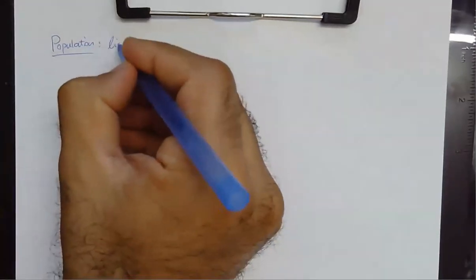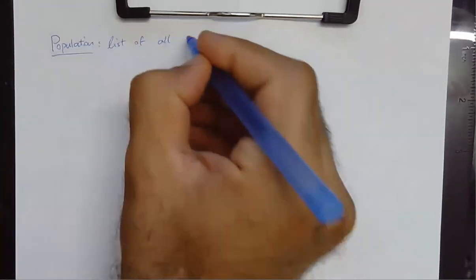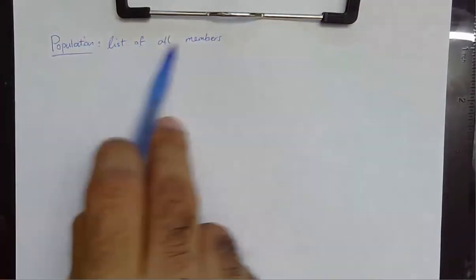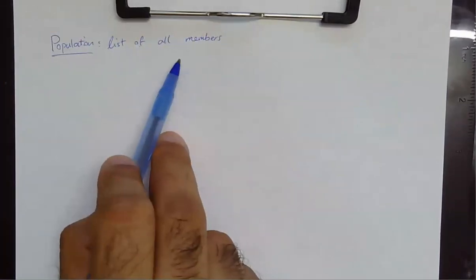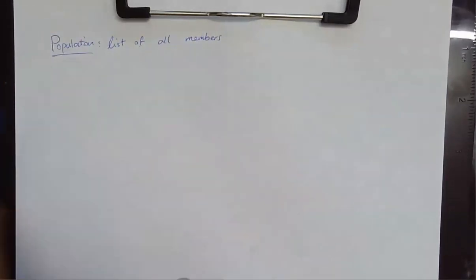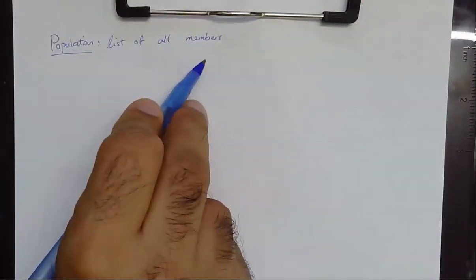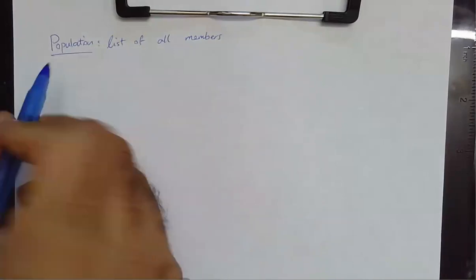We'll get to that in our slides, but I'm just going to define it right now. Population is the list of all members that we are interested in studying. So all the members that are of interest to us in terms of answering our research question.